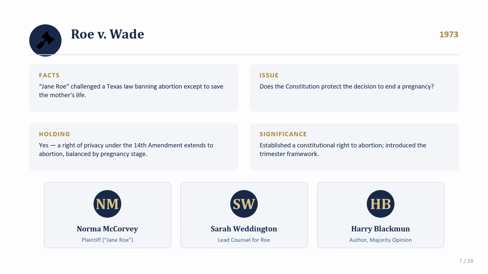Roe was settled very precisely on the 14th Amendment's Due Process Clause as the primary doctrinal home for the right, which is exactly why this entire unit of material sits under this heading, substantive due process.